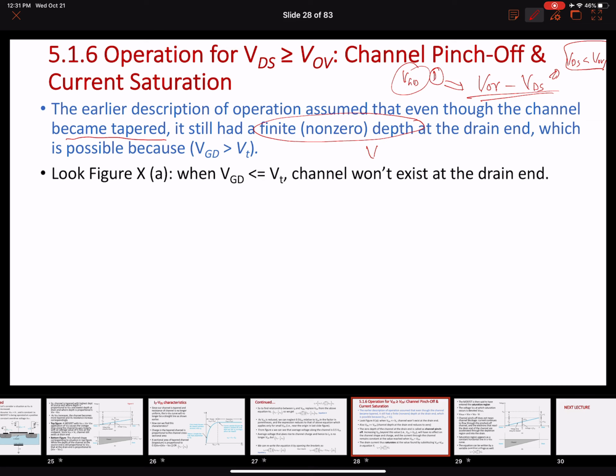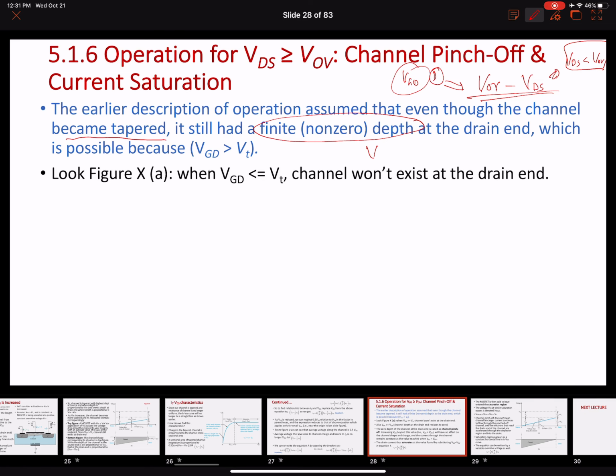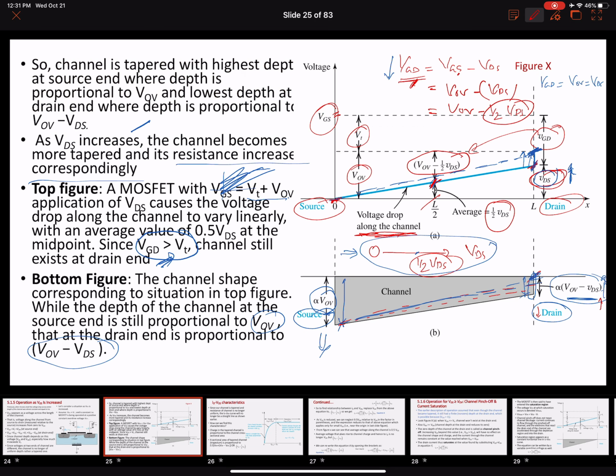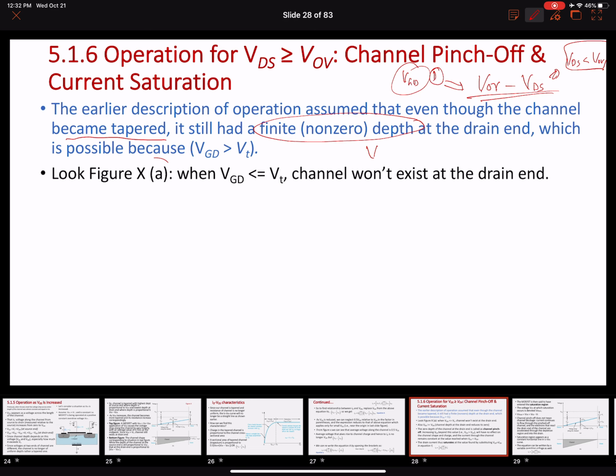Okay, so where is figure X? When we look at the figure, if VGD is less than VT, the channel won't exist anymore.